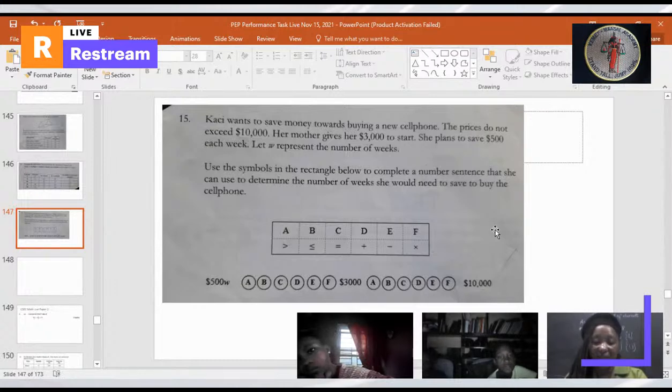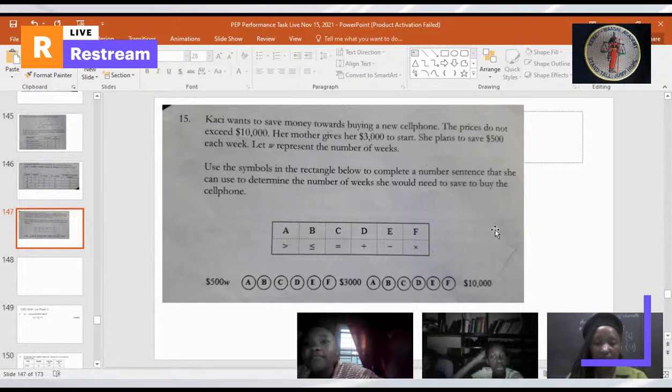The number sentence below says $500 times W, and we're to say whether we're going to add, multiply, subtract, whatever, to the $3,000, and then fill in another sign, and there's a 10,000 at the end. So Alice, I want you to read the question again, and then we're going to figure out which of these signs to put in these two places to make the number sentence make sense. So go ahead and read it again.